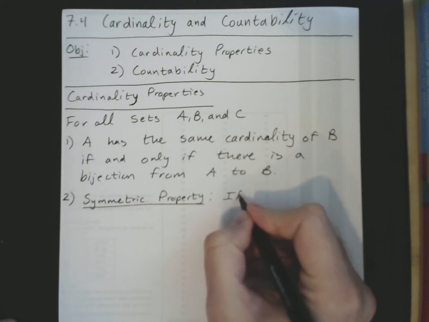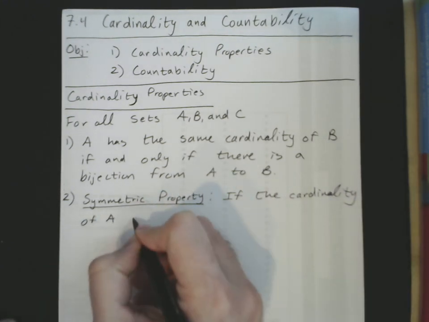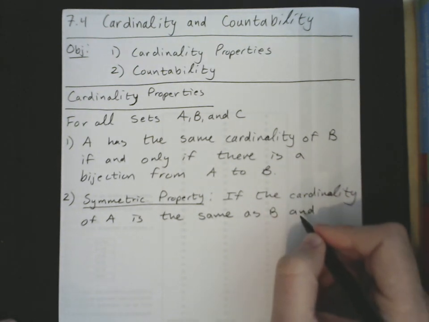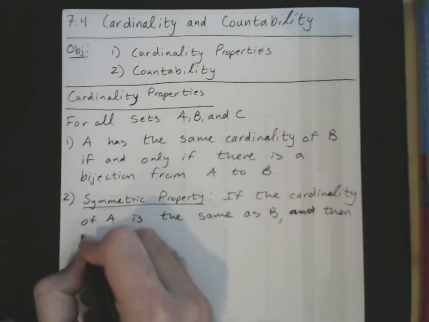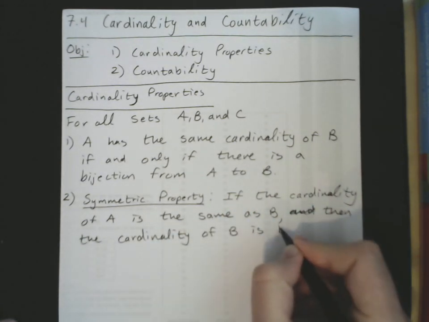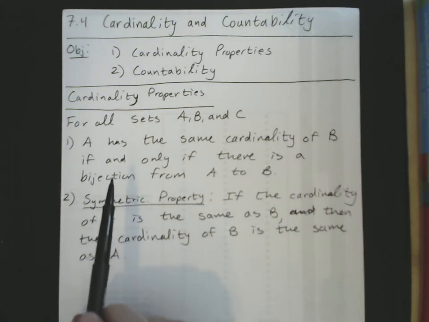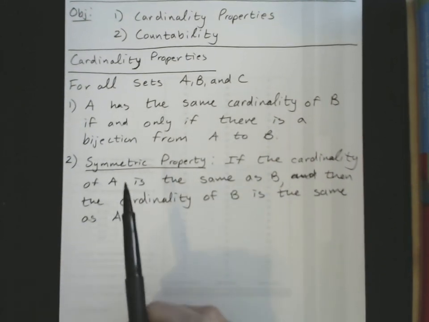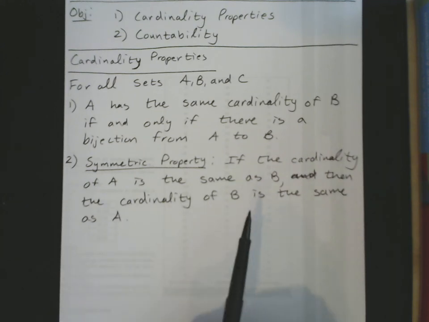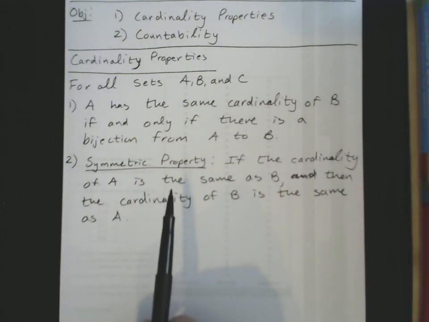So the symmetric property says if the cardinality of A is the same as B, then the cardinality of B is the same as A. Now if we combine this statement with statement 1 here, to have the same cardinality A as does B, that means that there's a bijection from A to B. And then to say that the cardinality of B is the same as A says that there's a bijection from B to A. Now we know, since we have a bijection, it's one-to-one, which means that it's invertible.